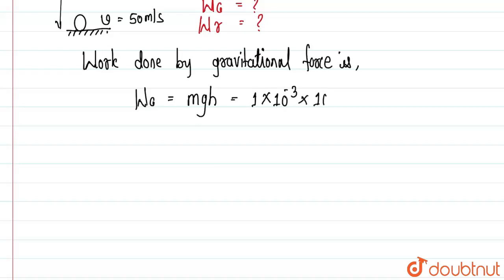Now we will substitute all these values, and by the calculation we will get the work done by the gravitational force equals 10, because minus 3 plus 3 will be cancelled, and we will get 10 joule.